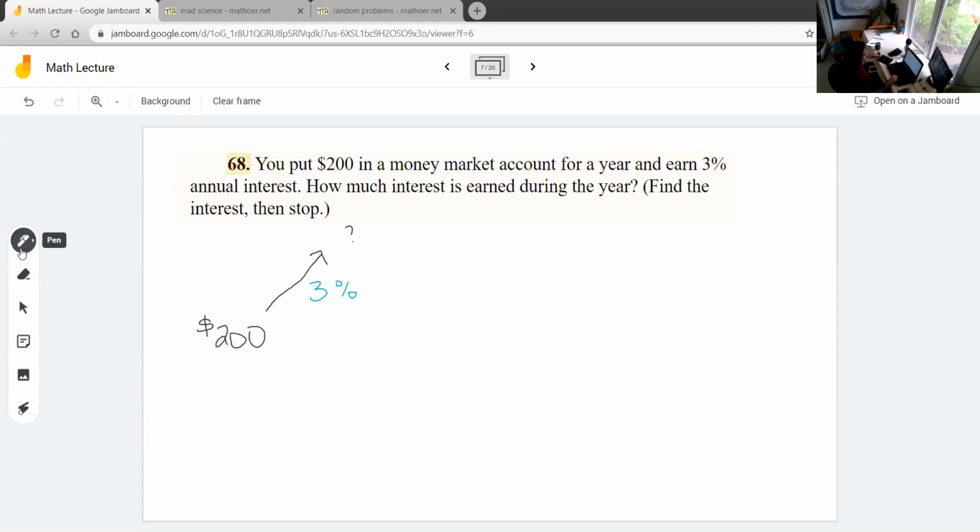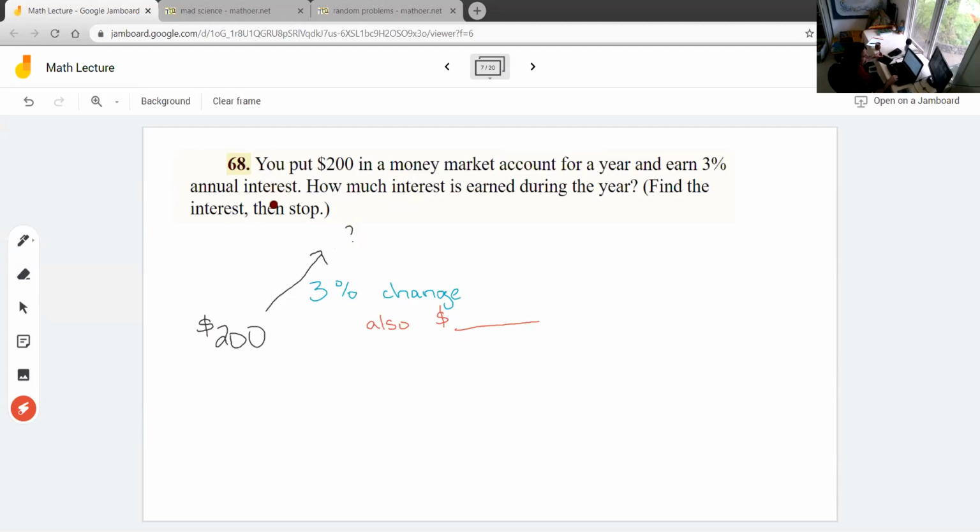So the interest is going to say that the change is 3%, but it's also so many dollars. I'm not yet worrying about what's in the account at the end of the year.